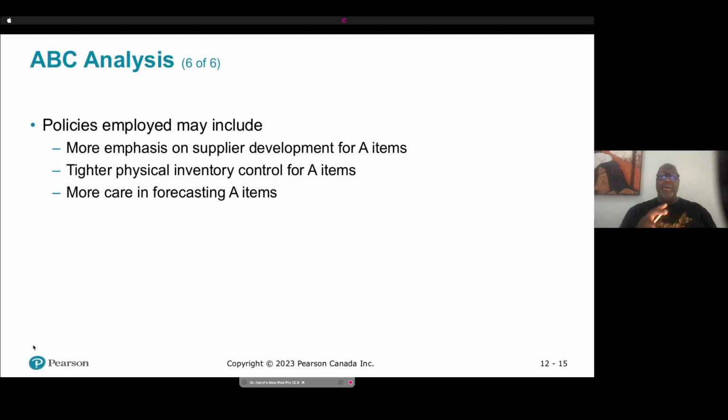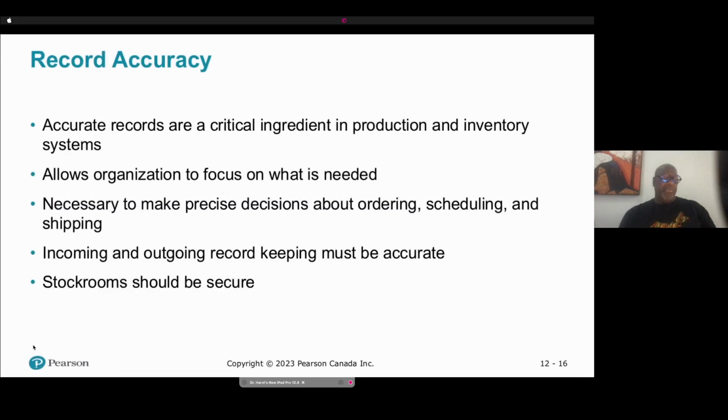And then if you have the resources, focus on supplier development so that way you have greater reliability and a stronger loyalty from that particular supplier. You also have to have tighter inventory control because falling short of those A items can have significant implications for the organization. And then you have to also be careful in terms of your forecast. You want to improve your forecast accuracy.